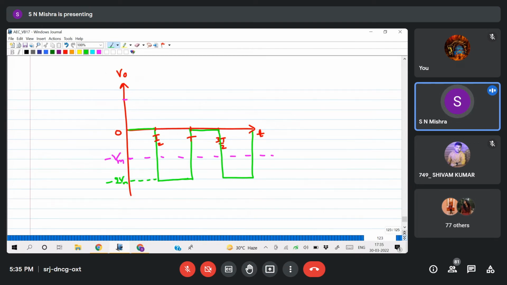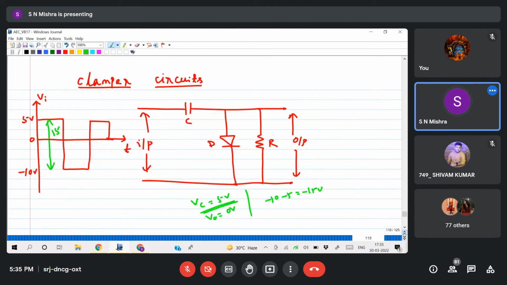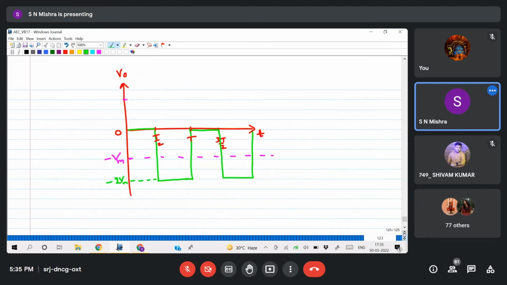Similarly you can take another question like 10 on top and 5 at the bottom. Here you can take 10 volt, here you can take minus 5 volt and proceed with that. Now we'll go for another question.